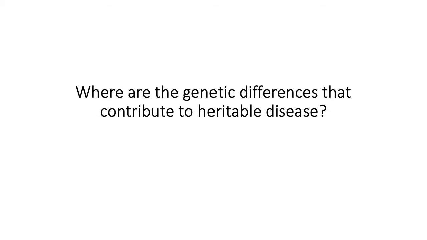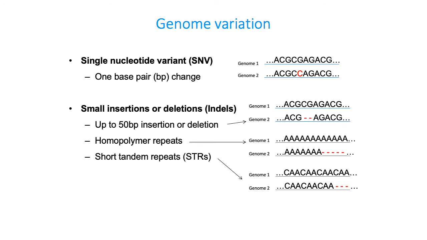And so the key question that human genetics tries to answer in the context of this class is basically the question of where are the genetic differences that contribute to heritable diseases? And so this class in particular is going to focus on single nucleotide polymorphisms, or SNPs, or more generally, we'll be talking about single nucleotide variants, or SNVs. Those are variants where you just see single base pair changes at a given position in the genome.